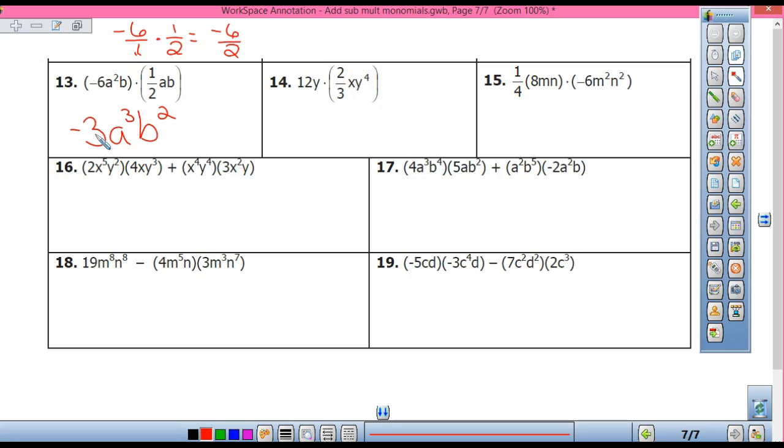Maya. 12 times 2/3. 8. Okay, so now let's be careful, because here the y comes first, right? But what comes first in the alphabet? The x or the y? The x. So let's do the x's first. Is there anything to combine with my x? So this 8x, y to the 5th. There you go.